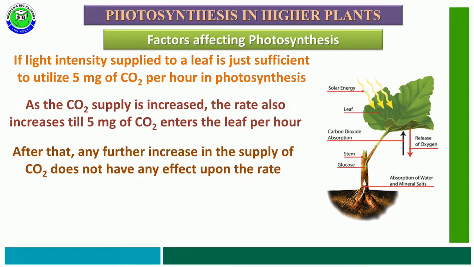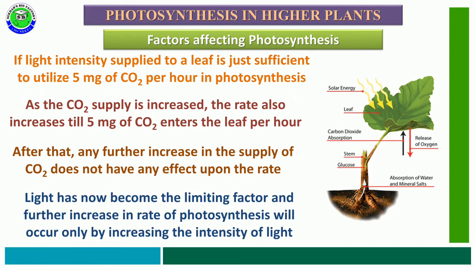But after that, if there is any increase in the supply of carbon dioxide, there is no increase in the photosynthesis rate and it has no effect upon the rate of photosynthesis, because light has now become the limiting factor.